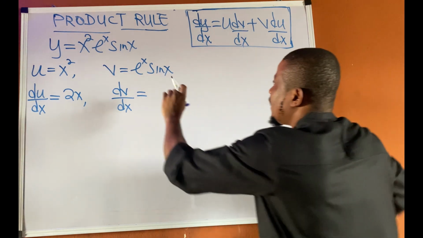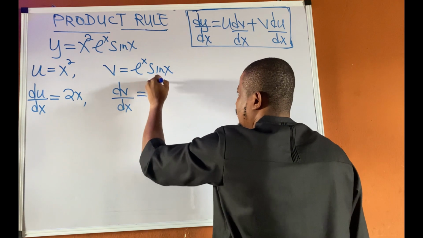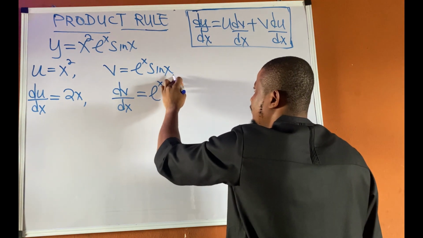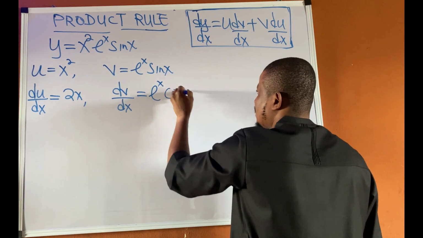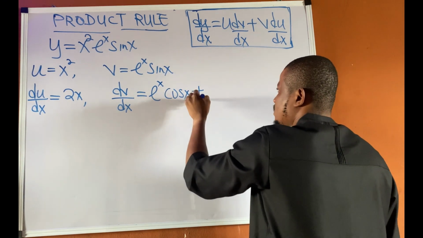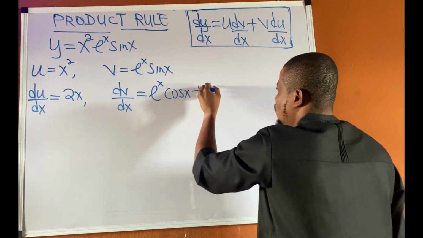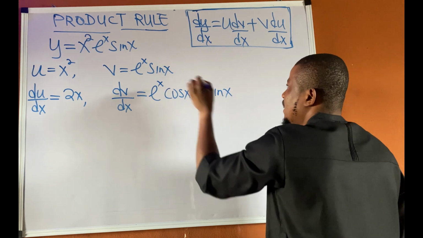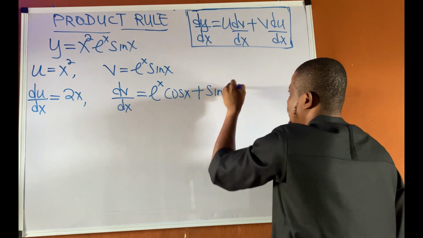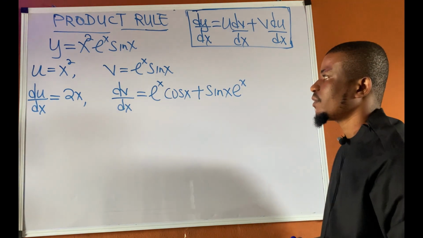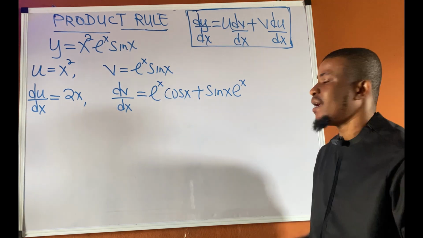And product rule says, hold your first term, then differentiate your second term. I hold this, differentiate sine x, I will have cos x. Then plus, hold your second term, differentiate the first term. If I differentiate exponential x, it's still exponential x. Okay, and this is my dv dx.